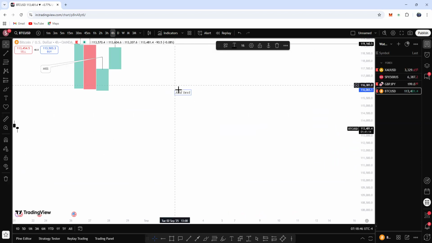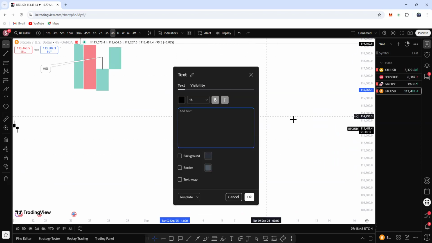So number one is M30. If you have a setup on M30, you go to M5 for your 2 times breakout.